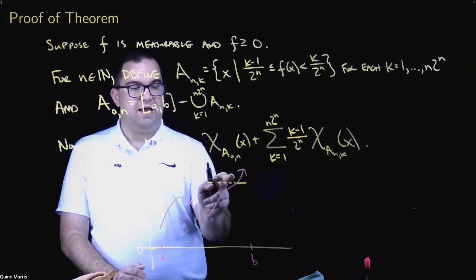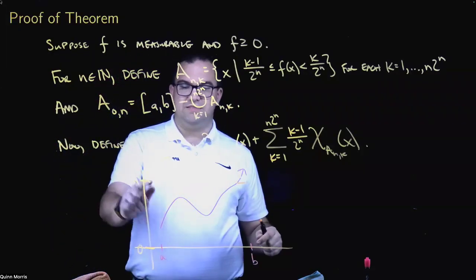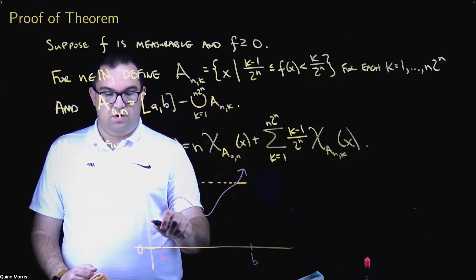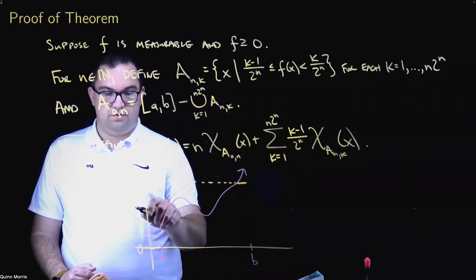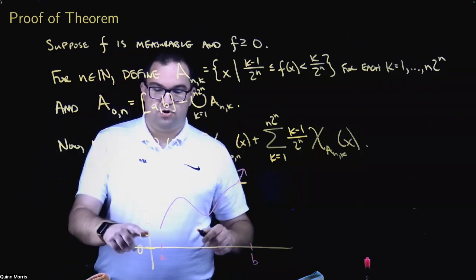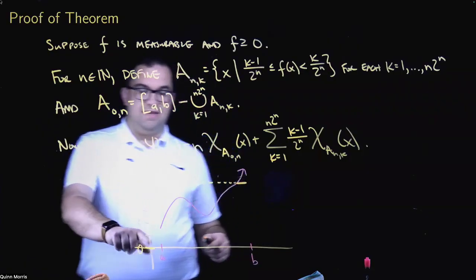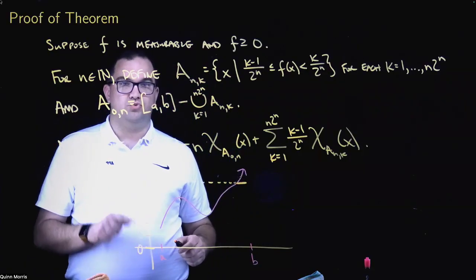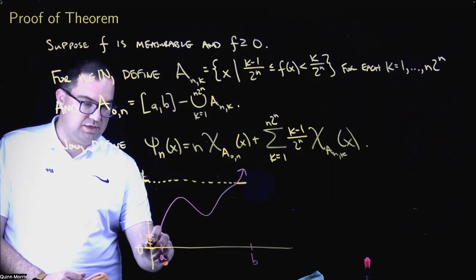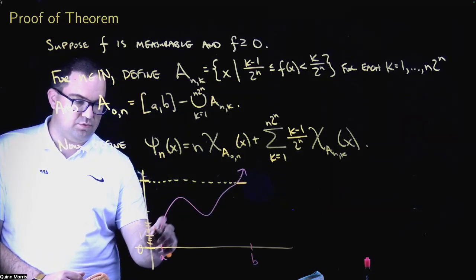Between 0 and n, what you do is you break this up: 1, 2, 3, all the way up to n. And you break each of these intervals up into 2 to the n pieces. So you get a whole bunch of these little subdivisions in between.